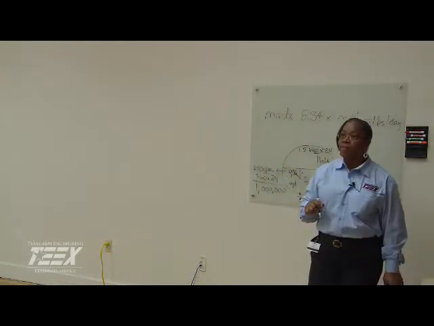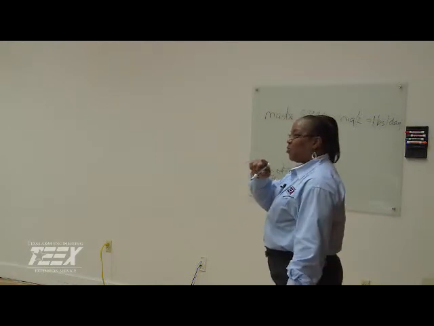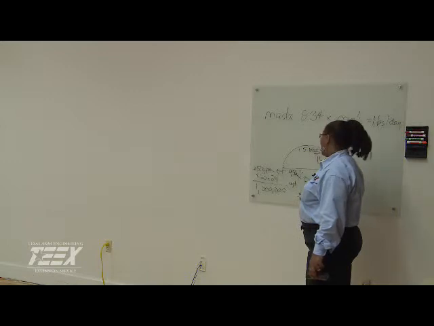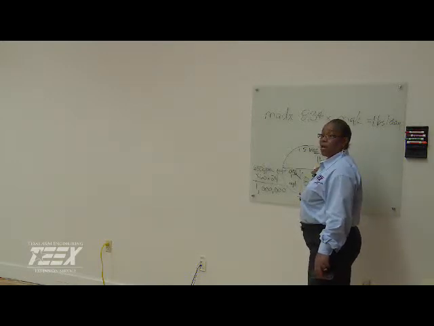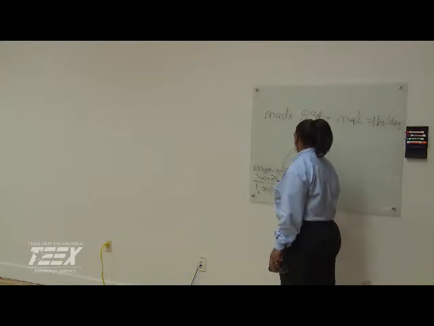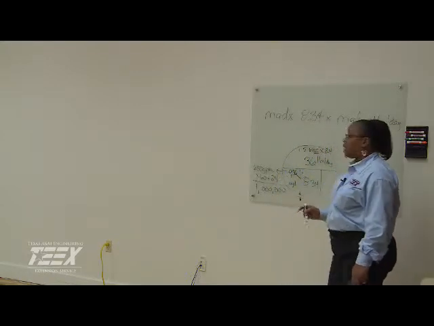Why? 24 hours in a day. You need your dosage per day. There are 24 hours in a day. That will give me the pounds per day. So 1.5 times 24, 36 pounds per day. Now can I work it?